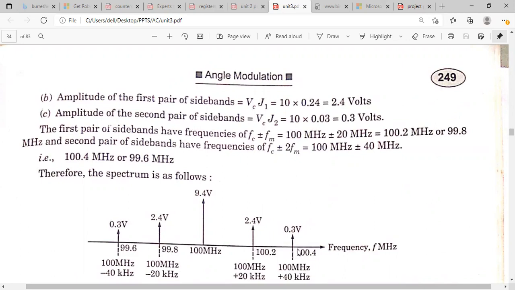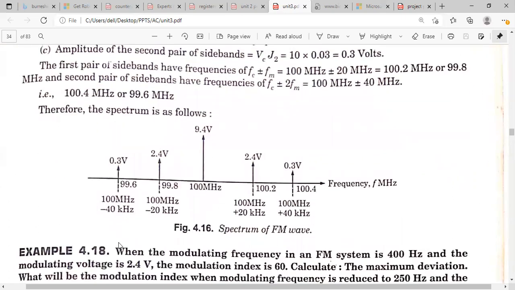Another sideband is FC plus 2FM, you will get 100.4 megahertz, and the corresponding amplitude will be 0.3 volts. The width of the FM wave is about 99.6 megahertz to 100.4 megahertz. So you can easily calculate the bandwidth also: upper sideband frequency minus lower sideband frequency gives the bandwidth. So this is the spectrum of the FM wave.